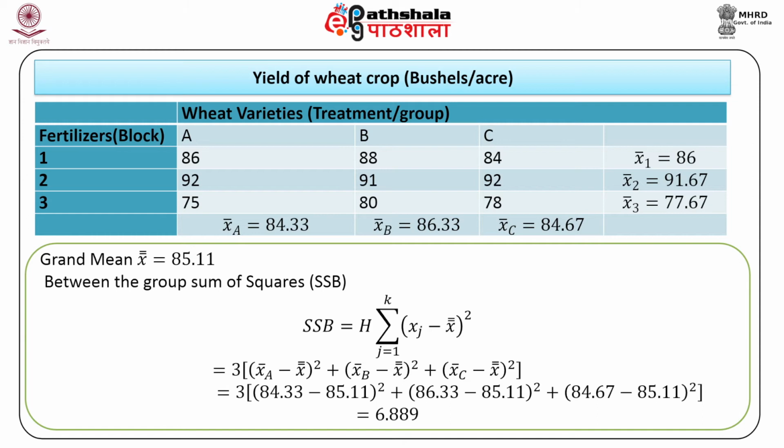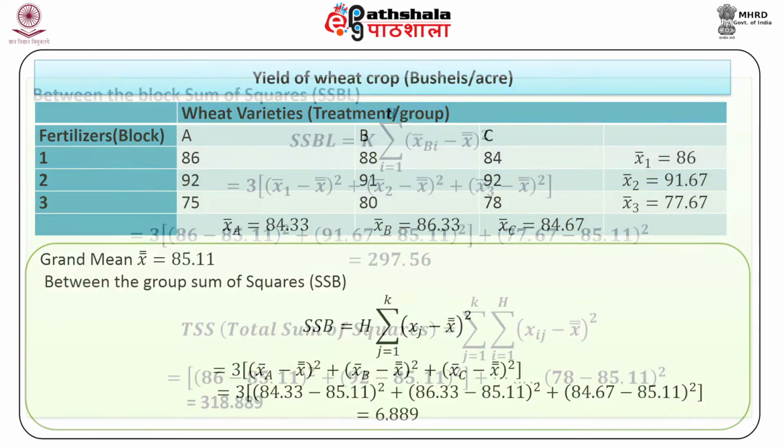Therefore we get 3 into xA bar minus x double bar square plus xB bar minus x double bar square plus xC bar minus x double bar square. On substituting these values, we obtain 6.889.